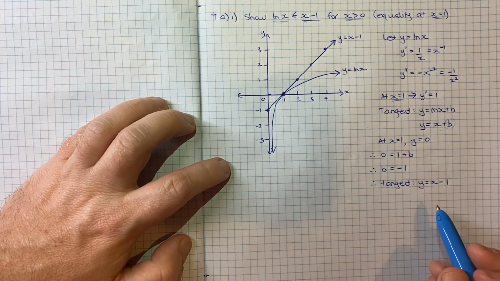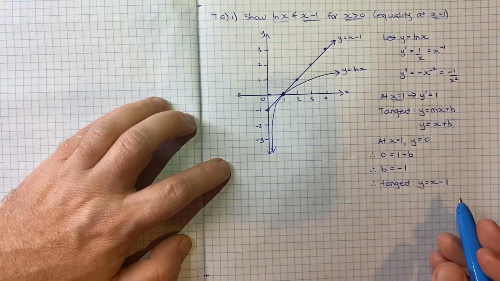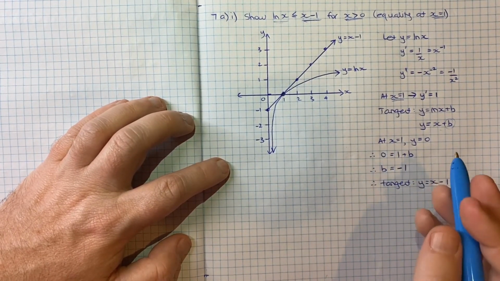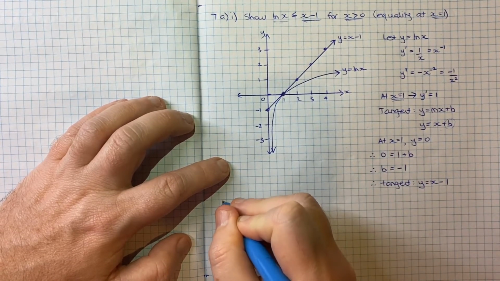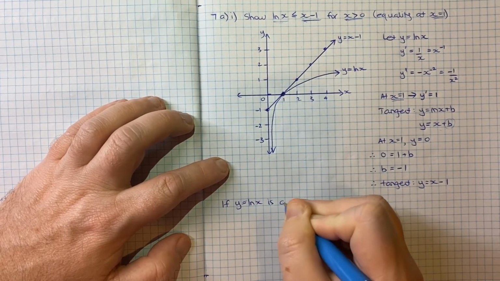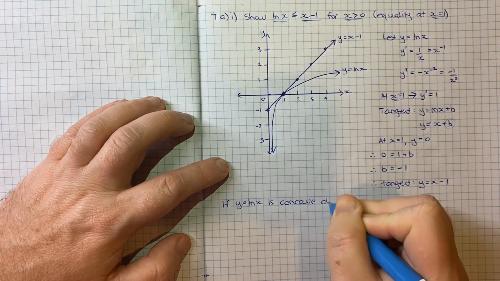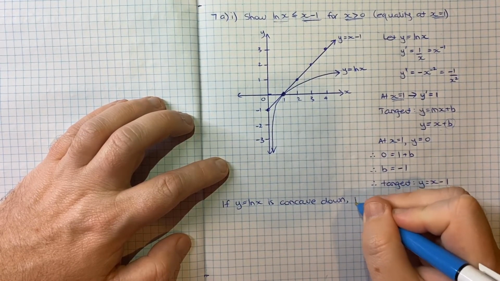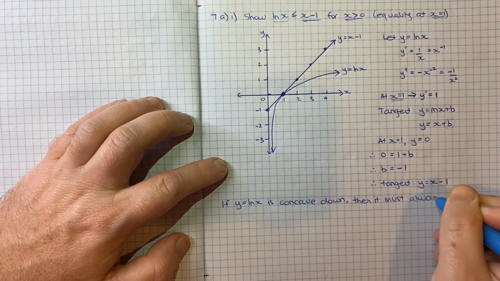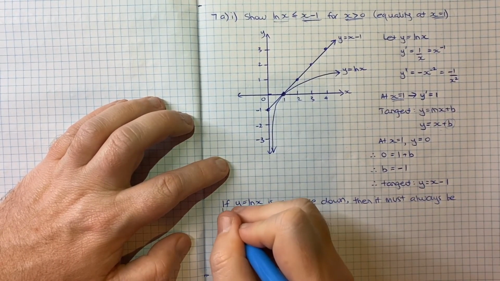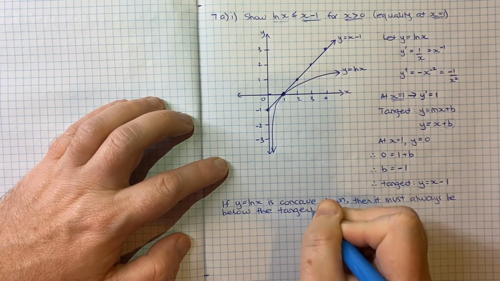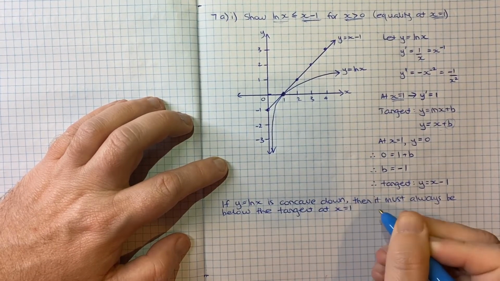I think in the context of an exam you'd probably need to make it clear that you understand that. So we might say if y is equal to log x is concave down, then it must always be below the tangent at x is equal to 1.